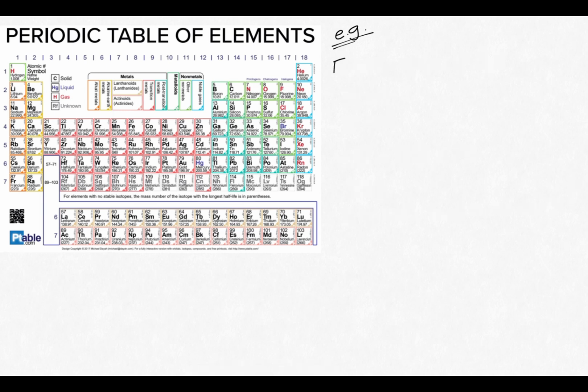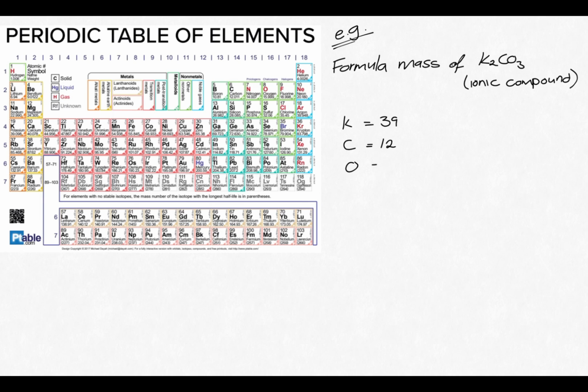Now we can look at the formula mass, and we're going to use potassium carbonate as an example because it's an ionic compound. Again, we're going to look at the relative atomic mass first. Potassium has a relative atomic mass of 39, carbon has a relative atomic mass of 12, and oxygen has a relative atomic mass of 16.